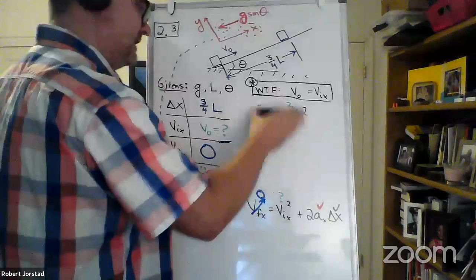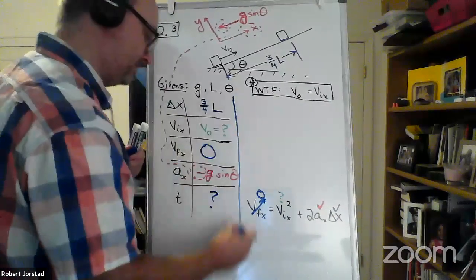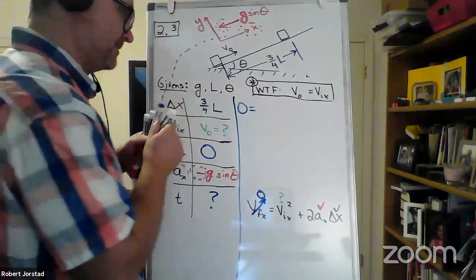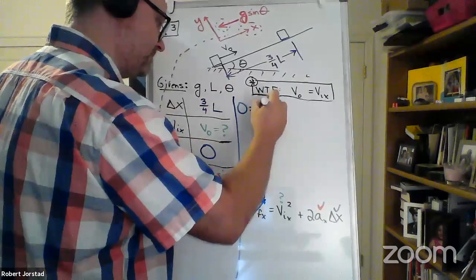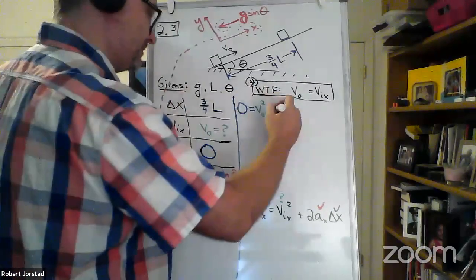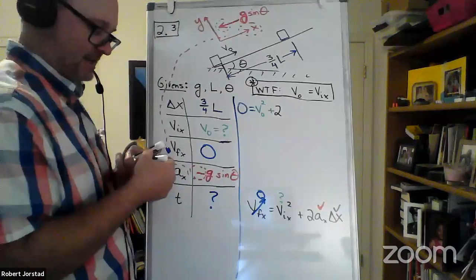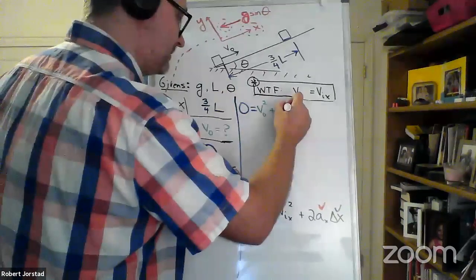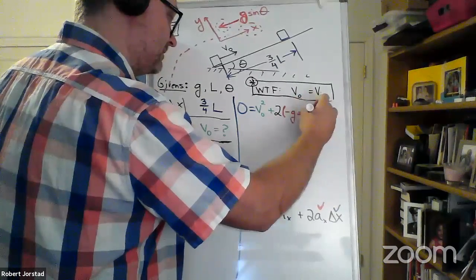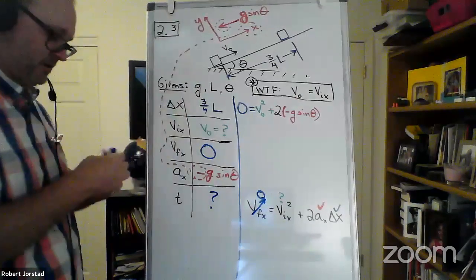Sorry, I ran out of room already. A sub x was negative g sine theta. Three-quarters L.